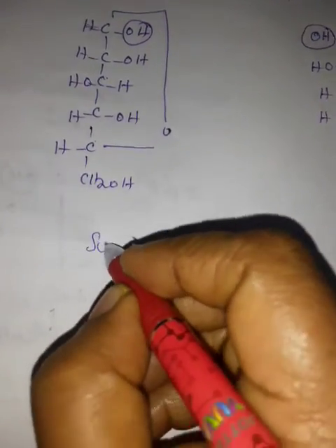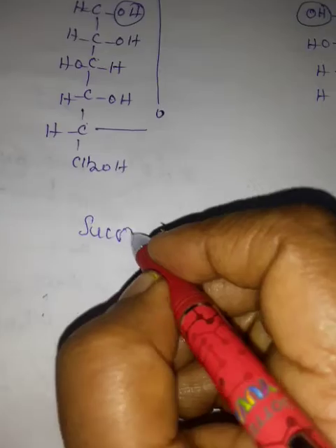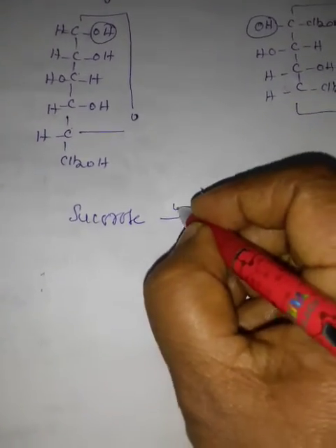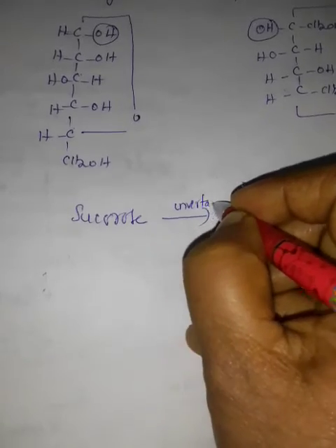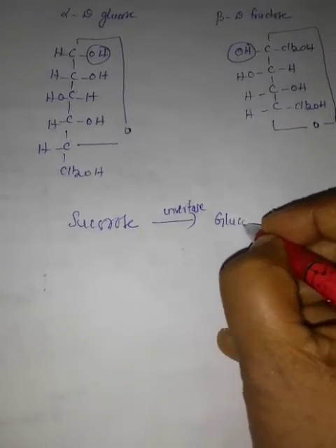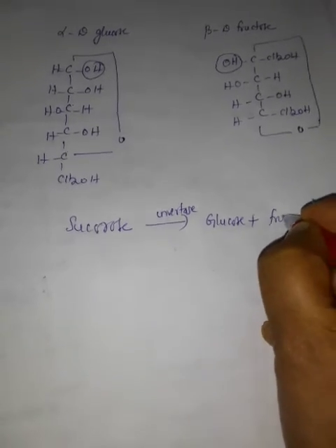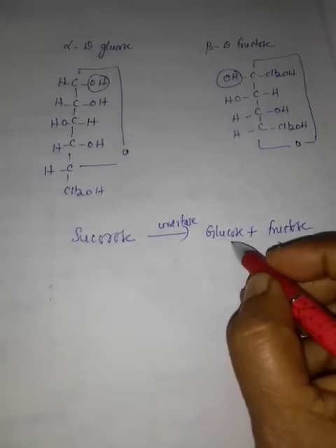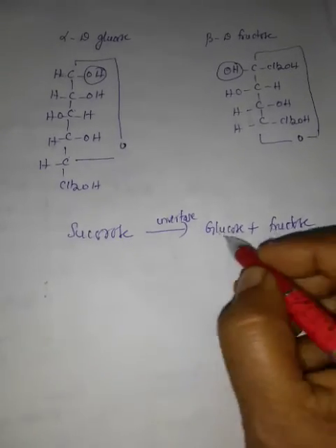See, sucrose in the presence of an enzyme invertase divides into glucose plus fructose. These 2 are monosaccharides.